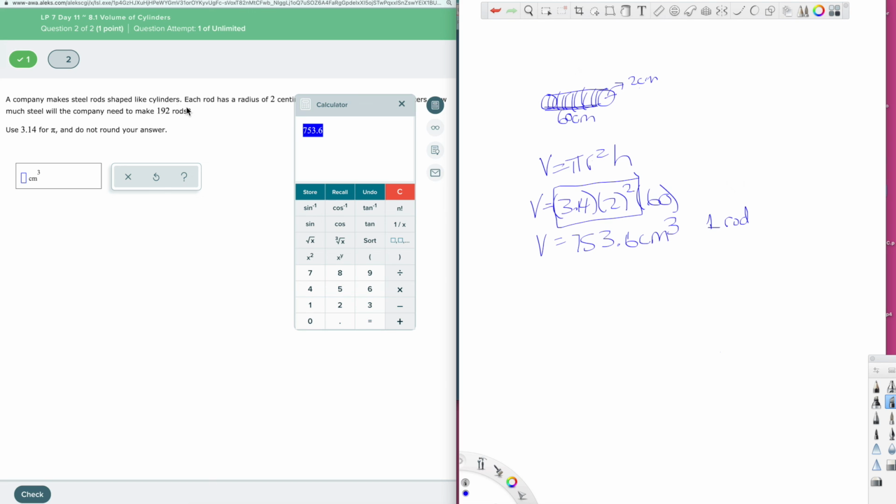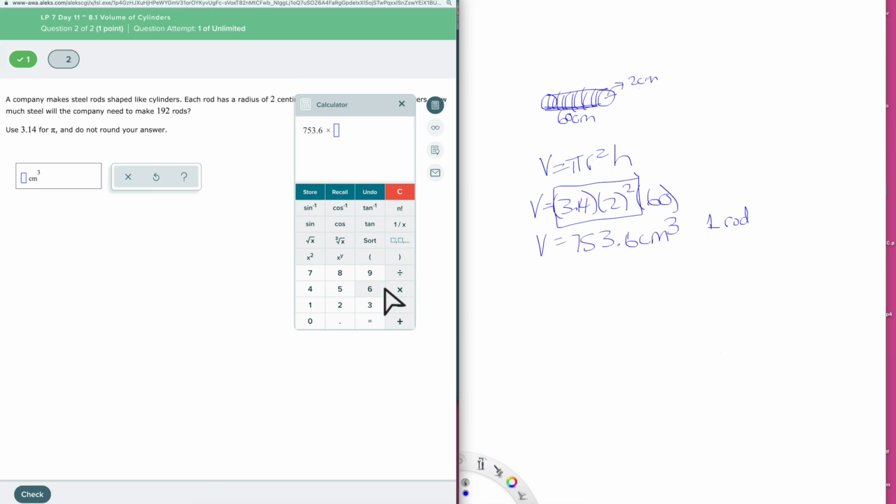So we need to take this calculation and go times 192. That'll tell the company how much steel we need to make 192 of these rods, each with 753 and 6/10 centimeters cubed of steel. Sorry, that sounded really funny. It's kind of a run on there.